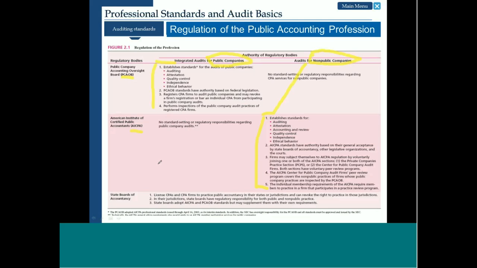The State Board gives the license. They are the authority who gives the license to CPAs and CPA firms. The AICPA and PCAOB have no authority to issue a license, and they cannot cancel or suspend your license. All this authority lies with the State Board of Accountancy.